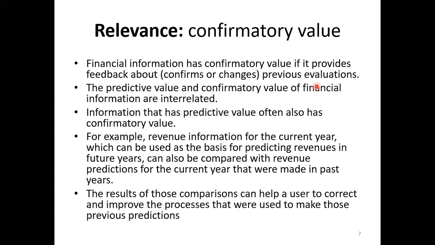Confirmatory value, confirmation. Right? In the first stage, based on past data, we can predict some value. Then we confirm whether our prediction is correct or wrong. Assume that you flip a coin.